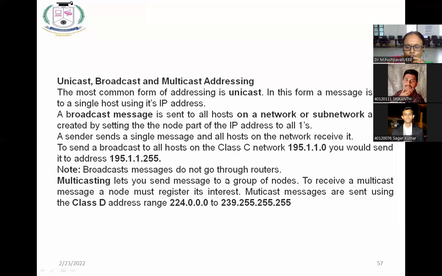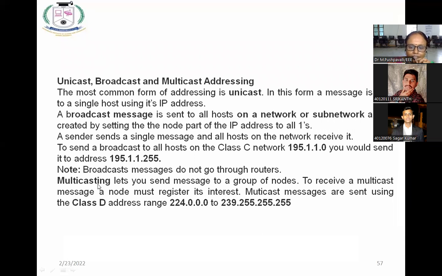Multicast and broadcast. So you understand that when you go with multicasting, a very simple example is live TV. Live TV channels and live radio broadcasting come under multicasting. There, if you have a connection to a group of nodes, we can receive in multicasting mode.